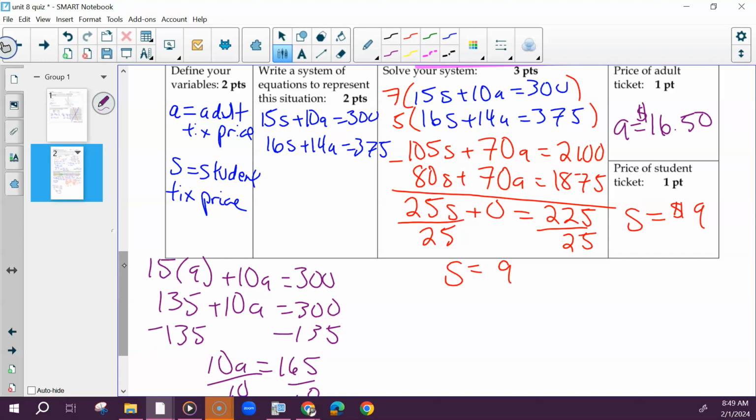So the points there were your 2 points for your defining, your 2 points for your equations, however you set up to solve, whether that was substitution or elimination, solving for one of the variables correctly, solving for the other variable correctly, and then your two answers to get a total of 9 points. Other questions there?